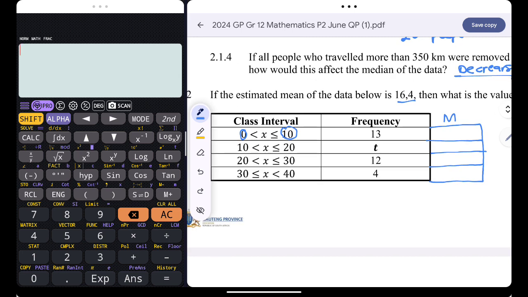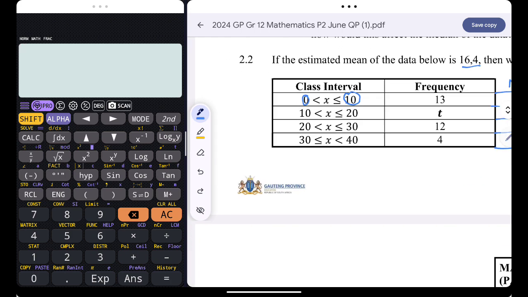So 0 plus 10 all over 2 will just give us 5. 10 plus 20 all over 2 will give us 15. 20 plus 30 all over 2 will give us 25. 30 plus 40 all over 2 will give us 35. Are you together?